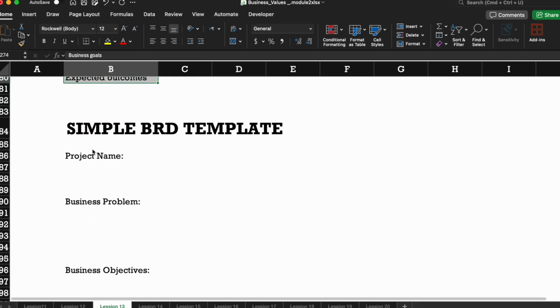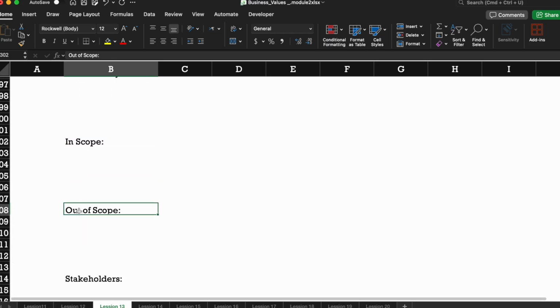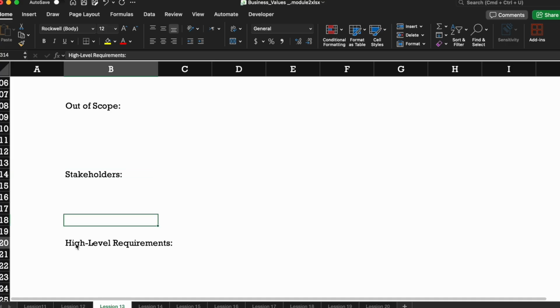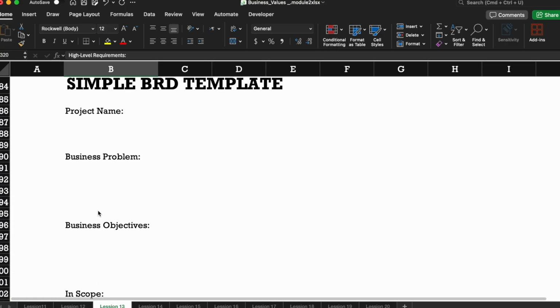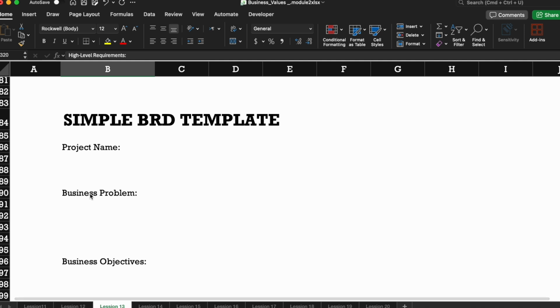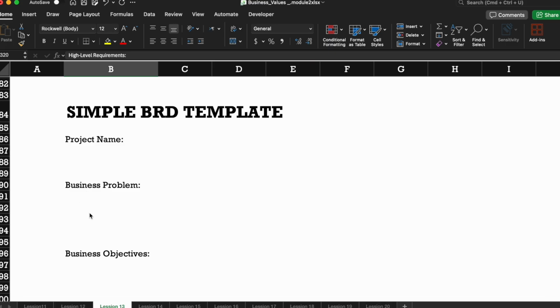Sample BRD template: project name, business problem, business objectives, in scope, out of scope, stakeholders, high-level requirements. If you can fill this out, you will also have version control and other things, which you can include, but these are the main things. I'm talking about the beginner level, not the experienced level.